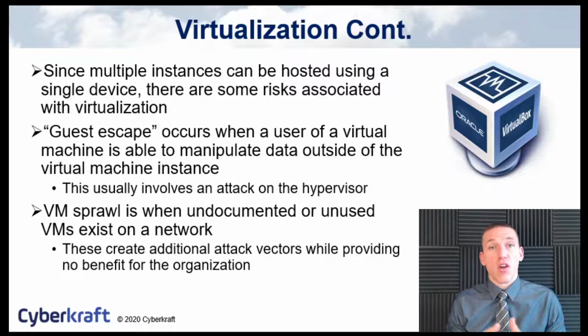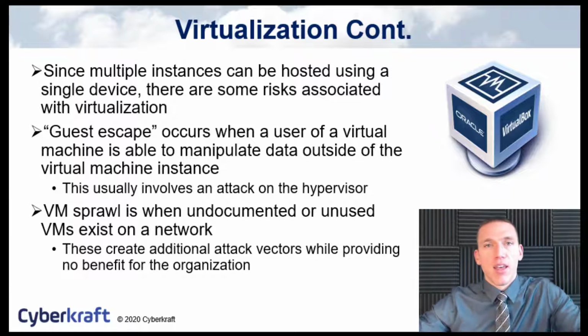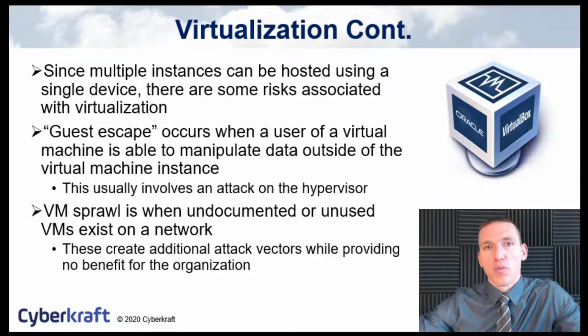It's just like having a physical network and losing track of some of the devices on your network itself. Those devices don't get patched regularly, or if they get patched at all, and they present a vulnerability in your network. An attacker can exploit those more easily because they're not being patched and not being paid attention to. Same thing with VMs. Well, with VM sprawl, it's mostly eating up system resources, eating up storage space that could be allocated to other VMs.